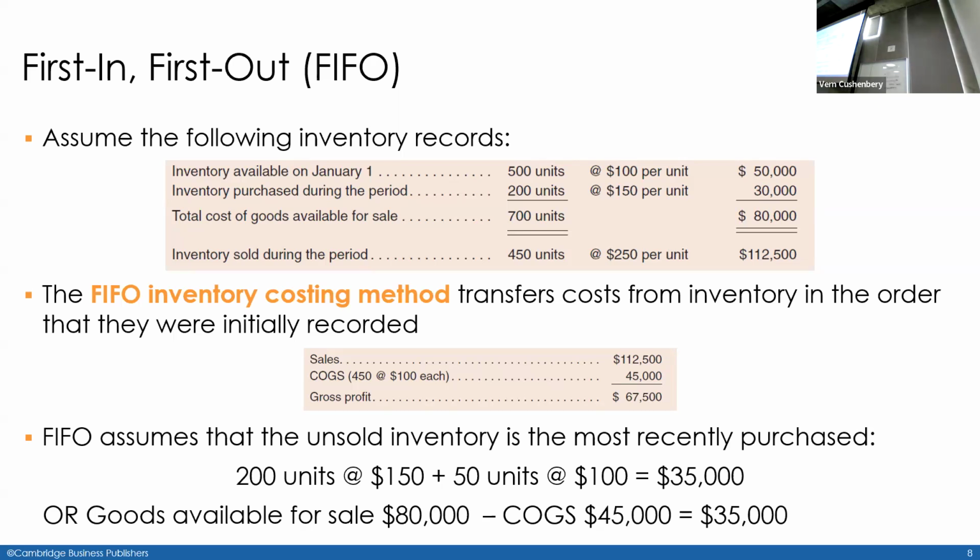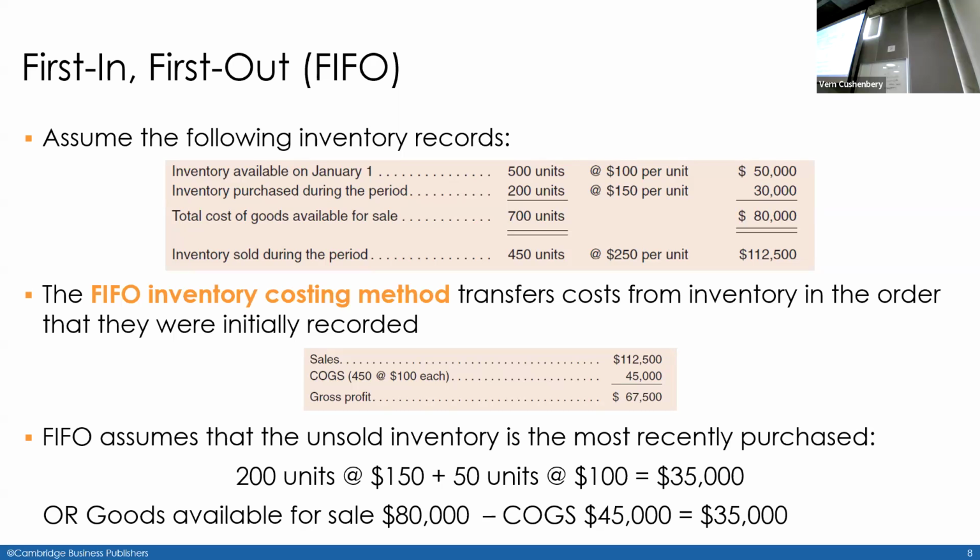FIFO inventory costing method. Our sales are 112,500, and our cost of goods sold using a first in, first out methodology is going to capture these inventory units in the top line that came in first. And we're going to send those over to our income statement because they're also going to be first out.